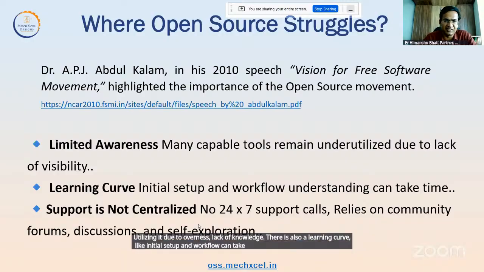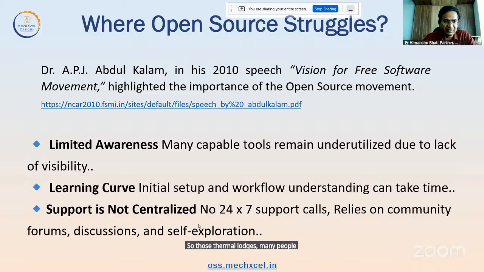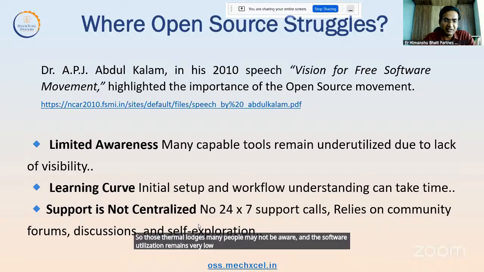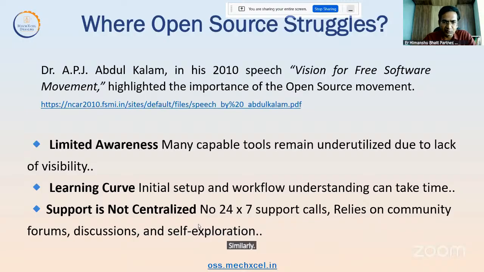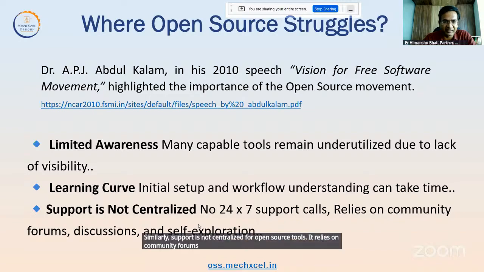Some software works on Linux or Windows Subsystem for Linux. Many people may not be aware of those terminologies, and software utilization remains very low. Similarly, support is not centralized for open source tools. It relies on community forums. So this is again a point where people struggle to implement open source tools.